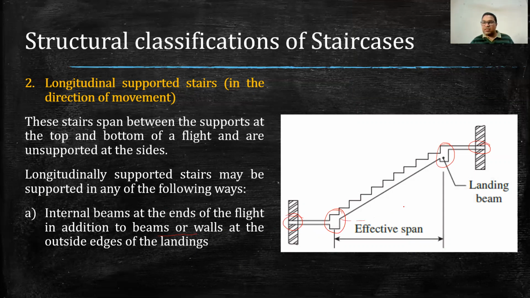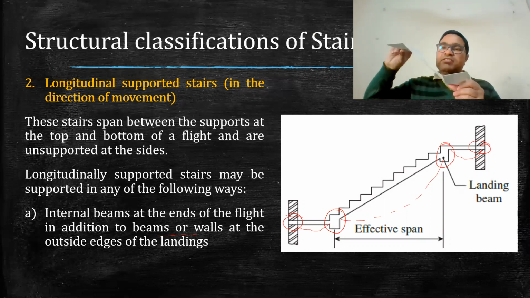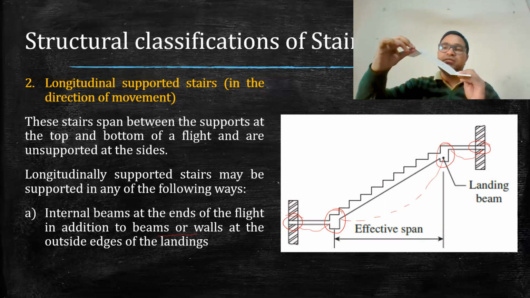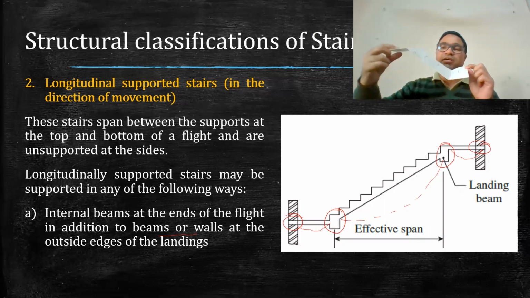So this bending will occur like this, and this bending will be here. So these three bendings will be separate. Or in this case, you can see one support is here, and the second support is here, and the third support will be here, and the fourth support is here.